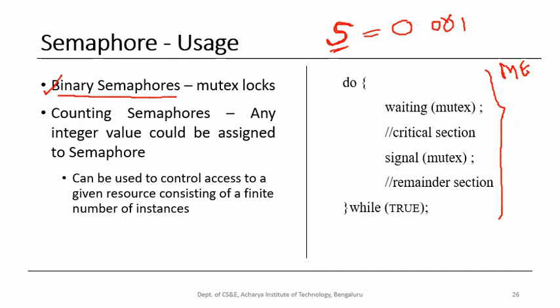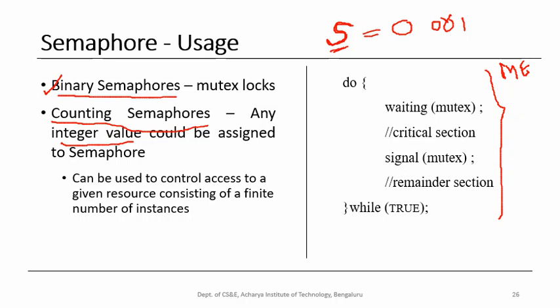Before that, let me tell you that another type of semaphore is the counting semaphore. In the case of a counting semaphore, the semaphore can take any integer value. It could be 10, it could be 15, or any integer value. And how could a counting semaphore be used?